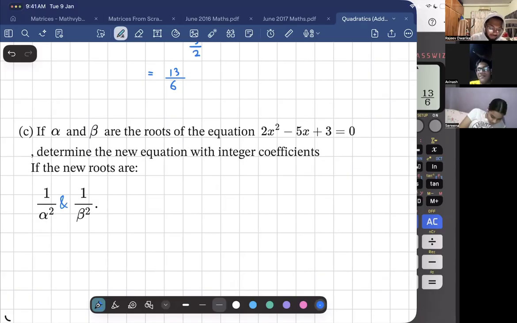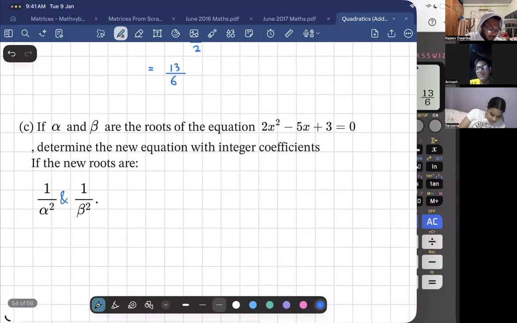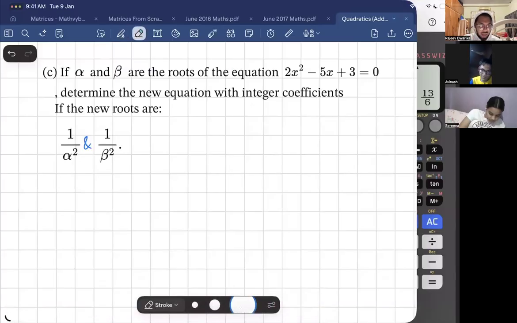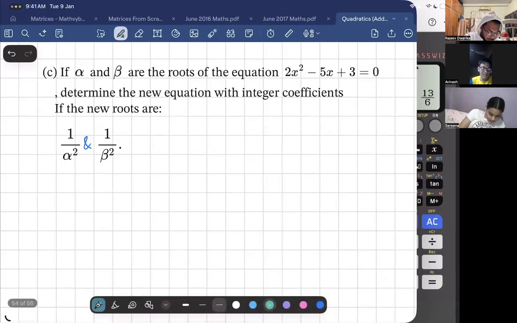Okay, Avinash, if you want to find an equation using alpha and beta, using sum and products, do you remember how you would create back the quadratic equation? You remember how you would figure that out?